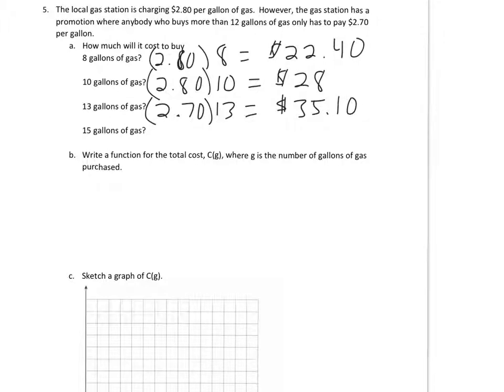And for 15 gallons, again, they still get the reduced rate of $2.70 per gallon. Multiply that times 15 gallons. And the cost would be $40.50.